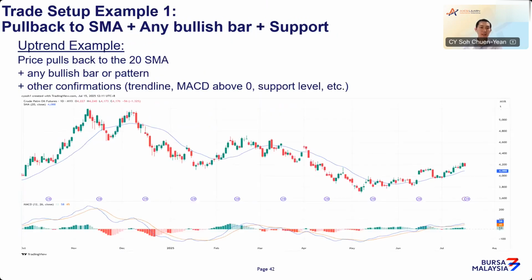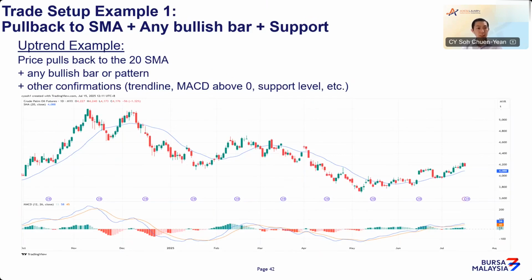Okay, now let's have a look at the first example. The first example is an uptrend example. Here we already have a moving average, correct? So you already know how to identify uptrend or downtrend. Let's say we have a moving average strategy. Okay, we do a pullback strategy.